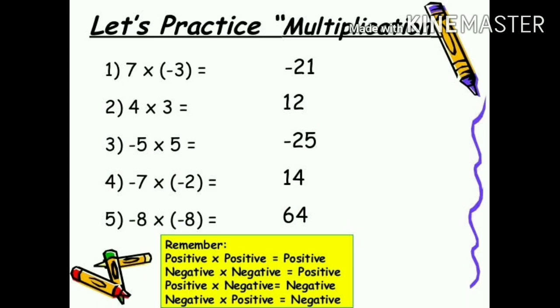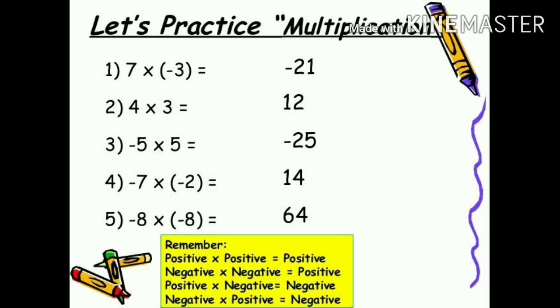Now let us look at some examples related to multiplication. First one, you can see a positive and negative integer being multiplied, that is 7 into minus 3, we get the product as minus 21. In the second example, we have 4 into 3, which is 12. Product of two positive integers will be always positive.